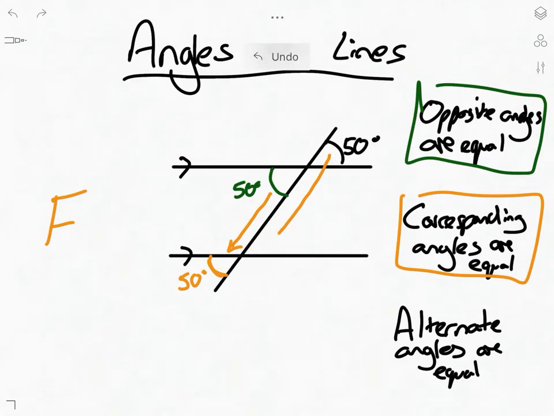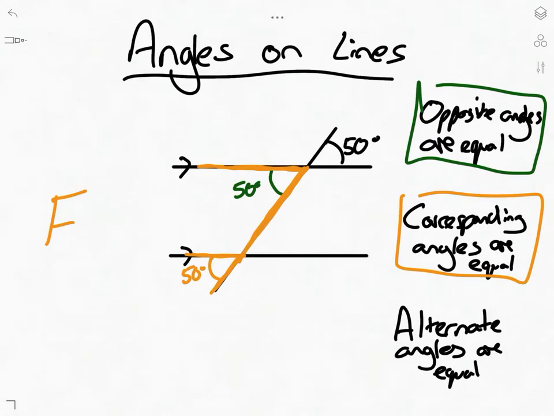So I'll show you why it's an F angle. So you draw the angles that it makes. So it makes that angle, and it makes that angle. And then what you do is you extend these until they join up.